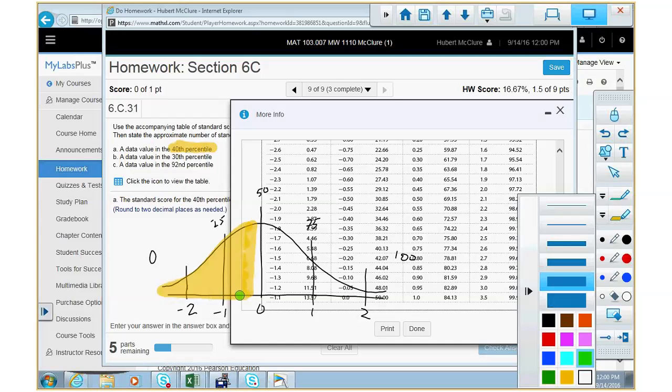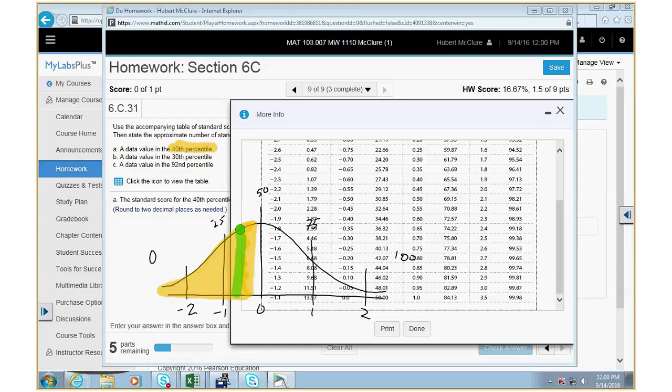You know this is 0.5, so 30 is probably going to be right in here. Now, what do you think it's going to be? Well, you've already established that 40 is negative 0.25. So you probably are talking 30 is around what? Negative 0.5, somewhere around there. Might be 0.4, might be 0.6, somewhere in there.